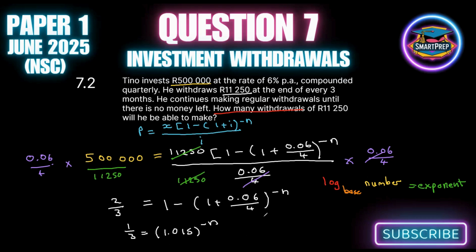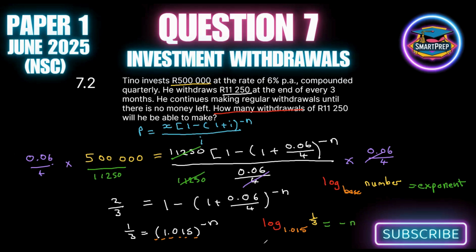I'll say log, the base. When I think base, I think of the base of a tree, the thing at the bottom, or if you live in the basement. Hope you don't live in the basement. And then the number is the number by itself. That's 1 over 3. And then I get equals my exponent, which is my negative n.